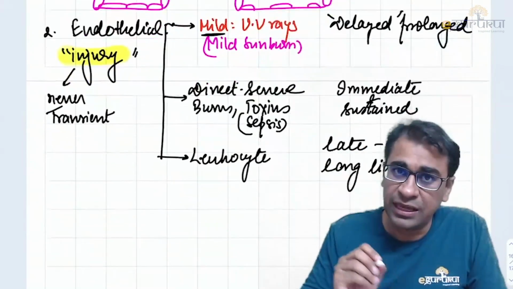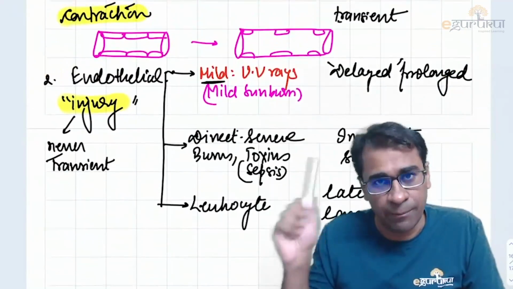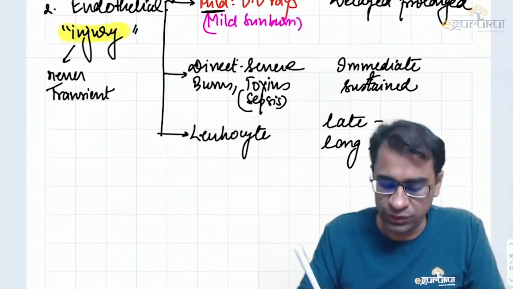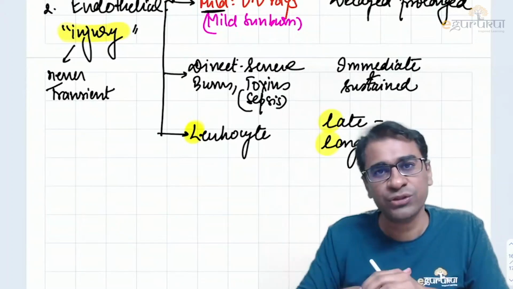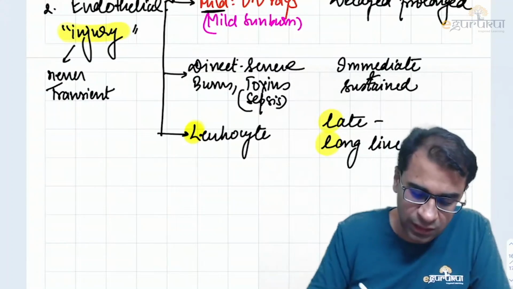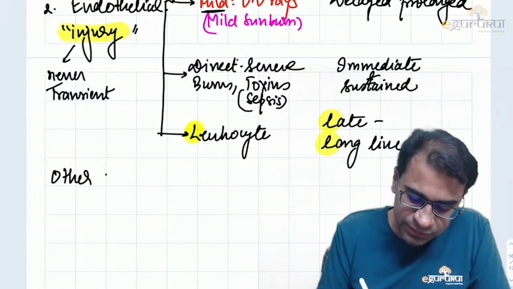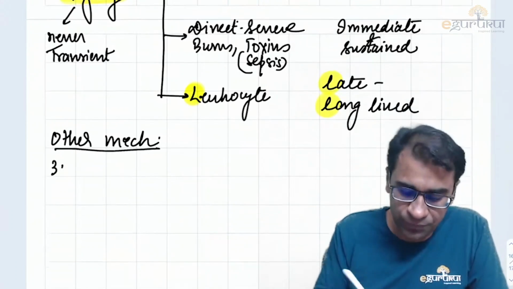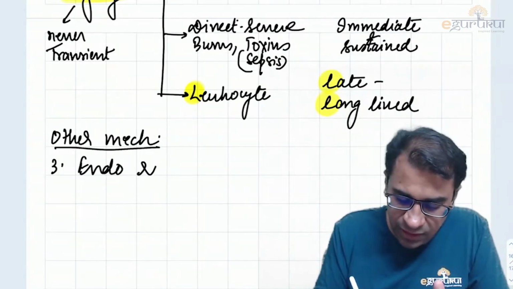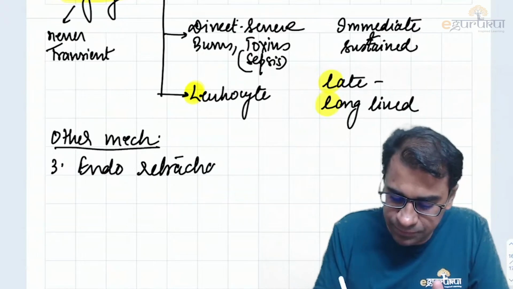Second is injury. The injury is of three types: mild, direct, leukocyte. How to remember leukocyte? L for late, L for long lived, L for leukocyte. So simple.